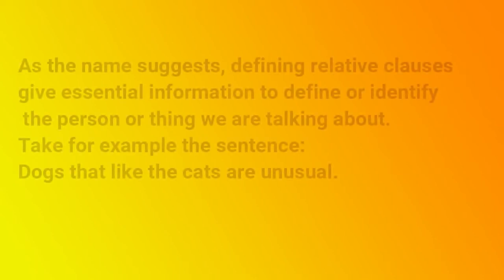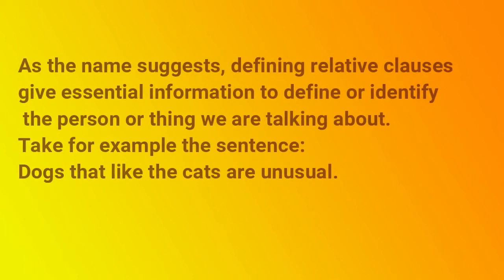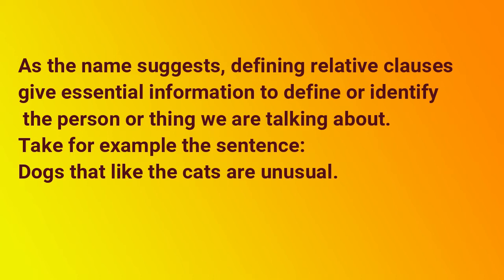Now let's see what a defining relative clause is. As the name suggests, a defining relative clause gives essential, significant, important information to define or identify the person or thing we are talking about.